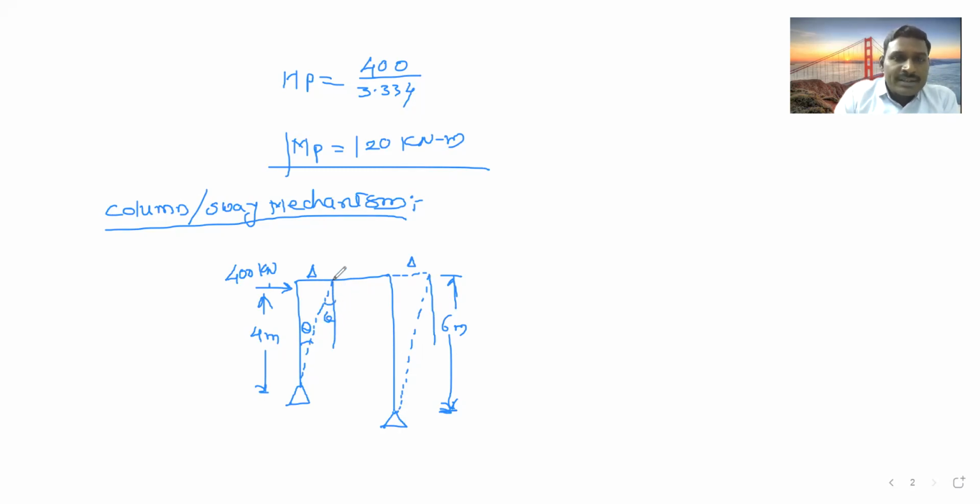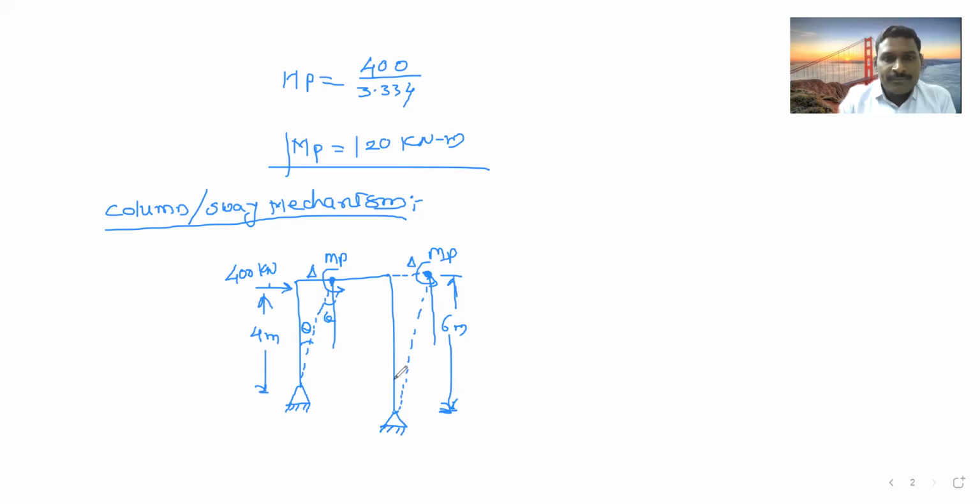At this point there will be a moment here, and here there will be a moment. So MP will be present at both these points.